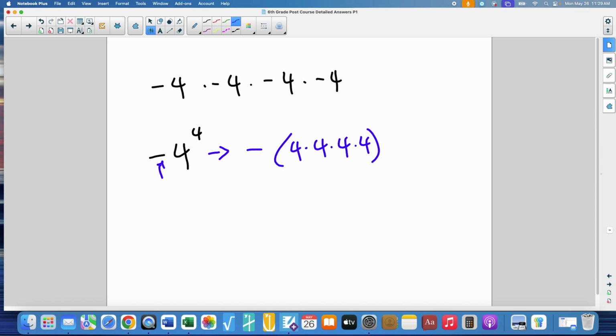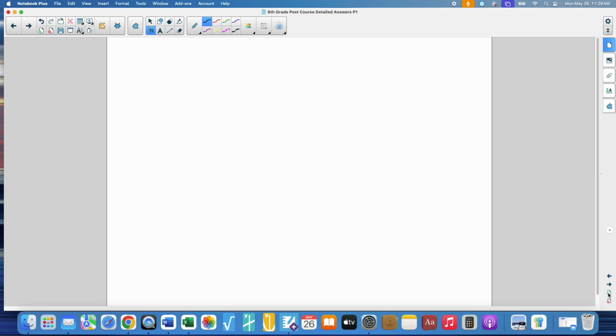So that's not what we want. We don't want 4 times 4 times 4. We're not multiplying 4 times itself 4 times. We're multiplying -4. So this is equal to that. Again, we have this situation where you need parentheses. So there's a big difference between those three.